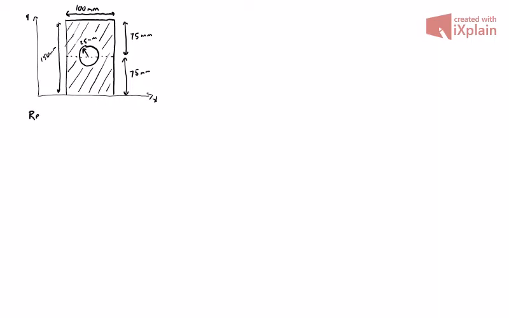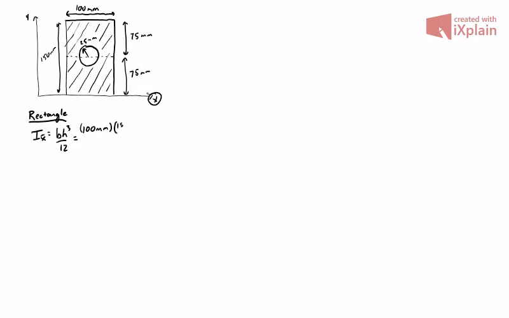So we're going to start with our rectangle. We're going to say that the moment of inertia about the centroidal x-axis is equal to the base times the height cubed divided by 12. If we're looking about the x-axis, then the base is going to be that 100 millimeters that goes along the x-axis.